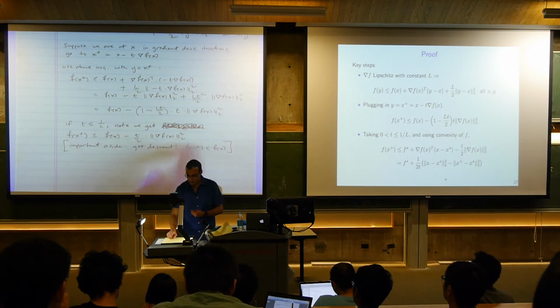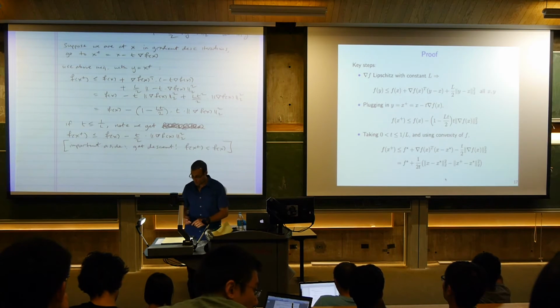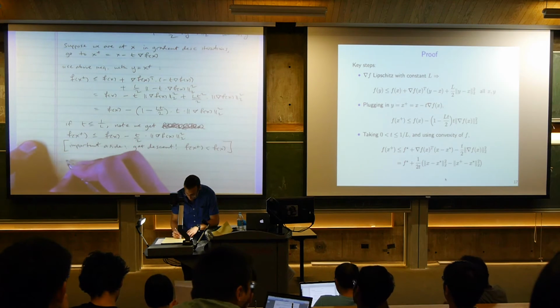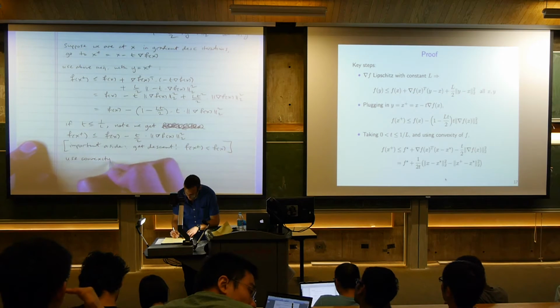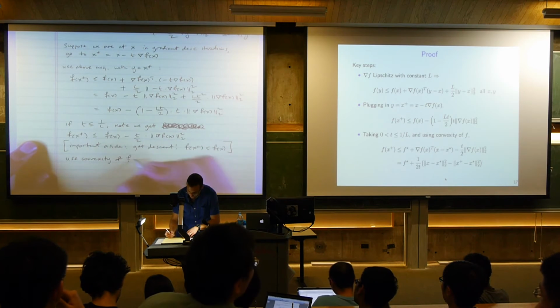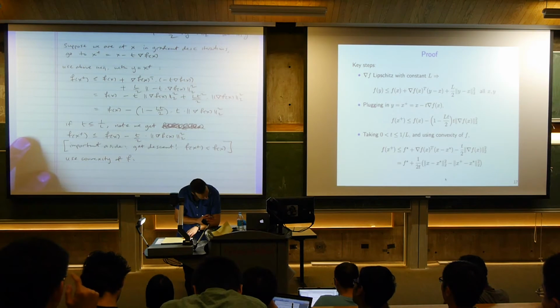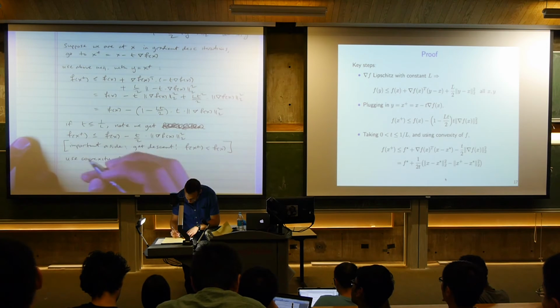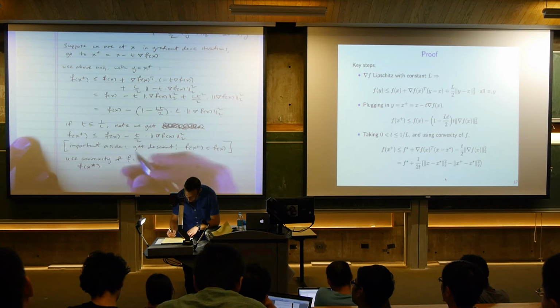So on the right-hand side we want something like f star plus or minus a bunch of stuff. So let's use convexity first. We can use convexity of f around the point x.